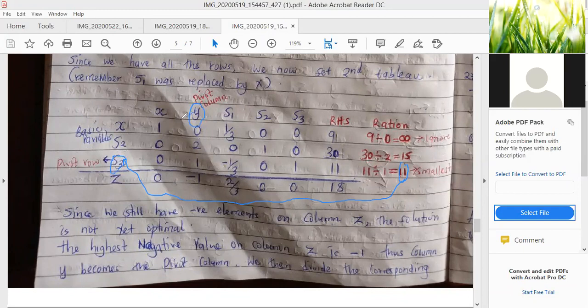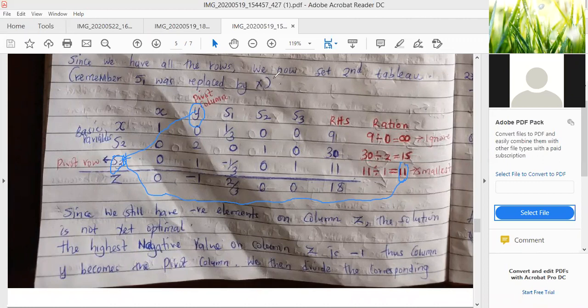So finally, the position of S3 will be taken by my column Y, or the variable Y will take the place of S3 here. And finally, on my right-hand side, I'll finally be able to read through the value of my Y at the end of the time.